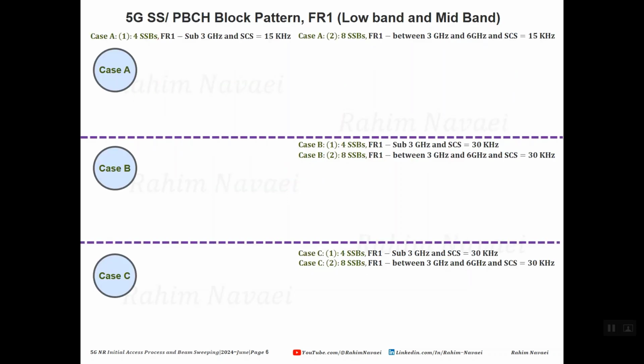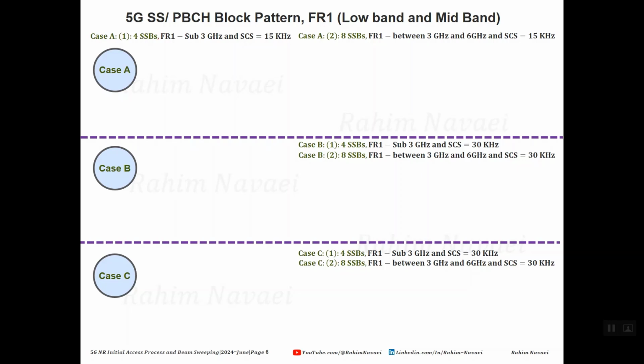Here, I'll try to depict the SSB patterns based on the frequency range and subcarrier spacing. SSB pattern A is used in frequency range 1, FR1, with a subcarrier spacing of 15 kHz.